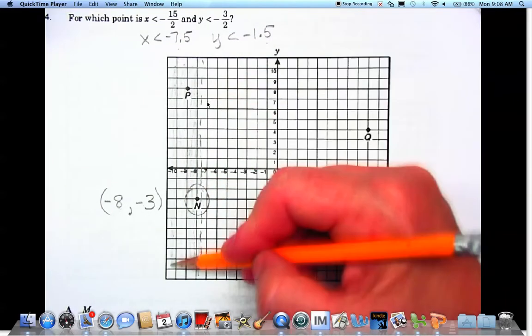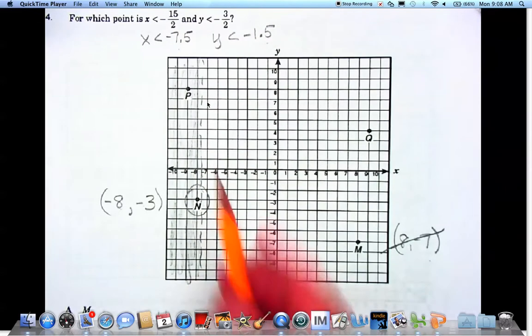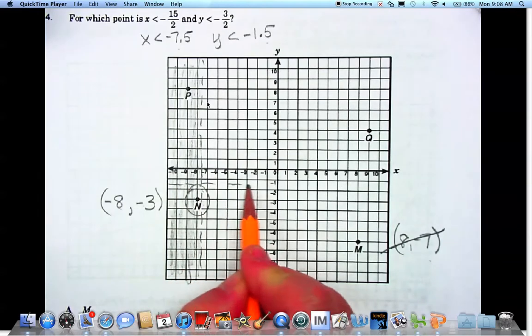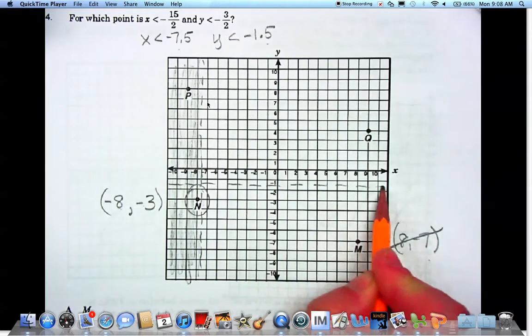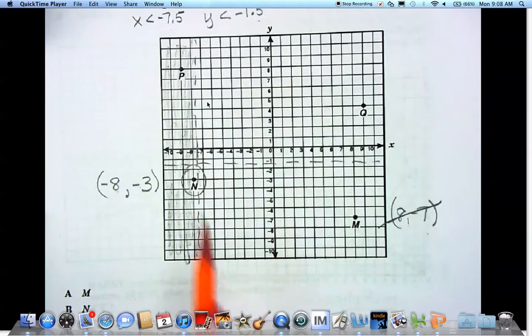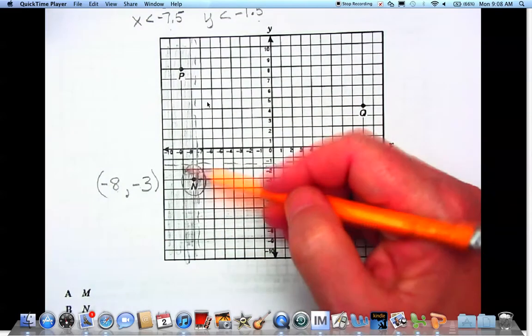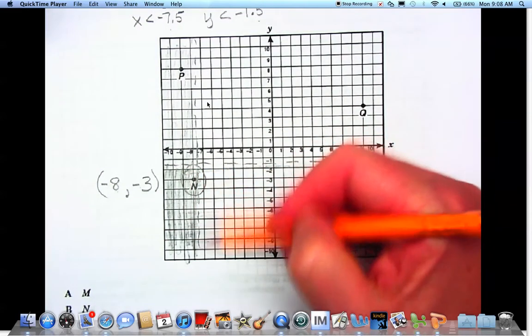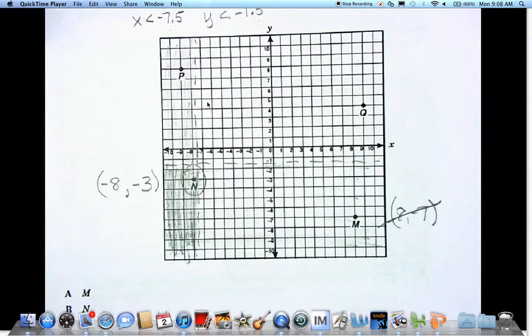Then you go to negative 1.5 on the y, and since it's less than, you shade under it. Good. And then where they intersect is right here. So the point has to be in that shaded region. Okay, that's another way to do it.